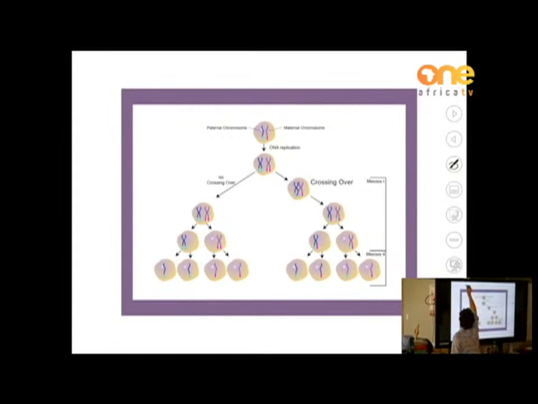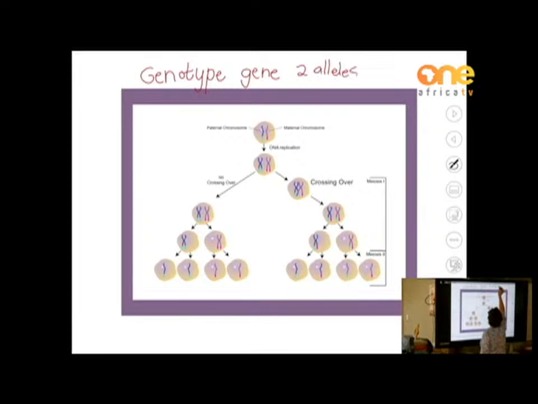Please remember, my genotype is being made up of my genes. And each gene has 2 alleles, except if it is X-linked. So there I see the father and the mother's chromosome inside a cell.